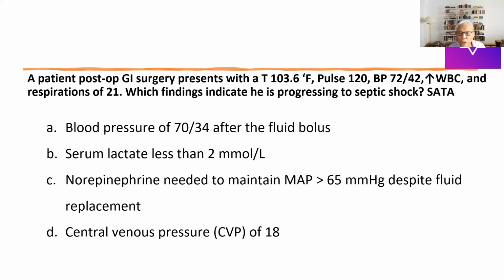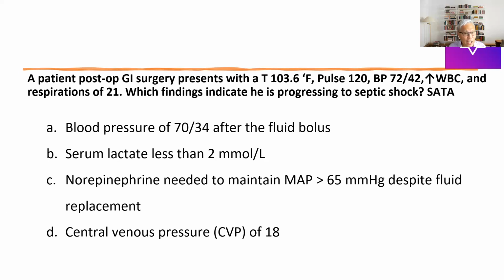All right, so in addition to A, can you type which one or another one that would indicate that the patient is progressing to septic shock? In addition to letter A, what else do you think? Very good, Fabiola and Chantel.